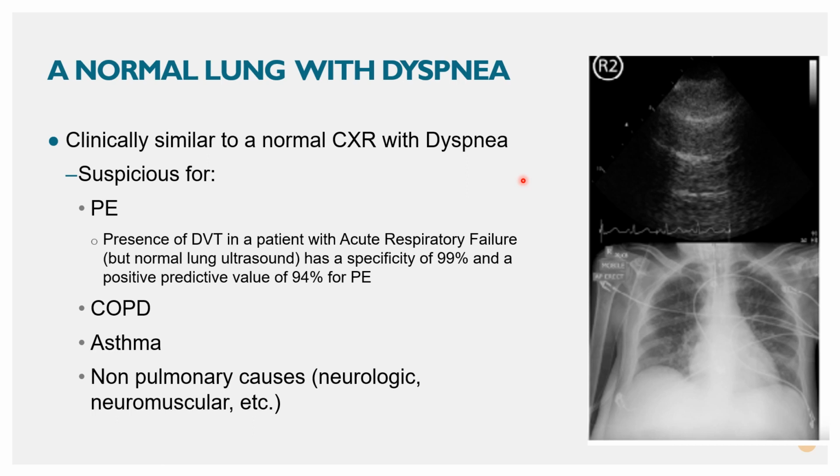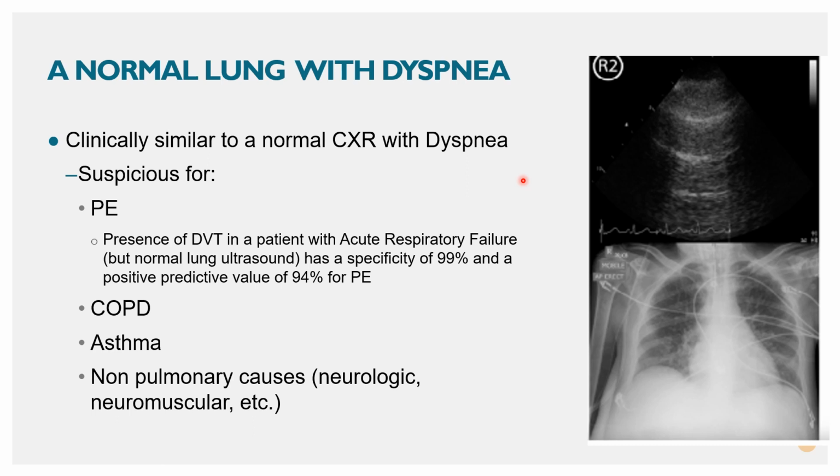One of the ways it is able to evaluate a PE is not necessarily looking through the lung tissue and the vascularity there and identifying the PE itself. What we're going to be doing is taking a more indirect approach, where they found that the presence of a DVT in a patient that's demonstrating acute respiratory failure is an indicator and has a specificity of about 99% and a positive predictive value of about 94% that there's a PE present.